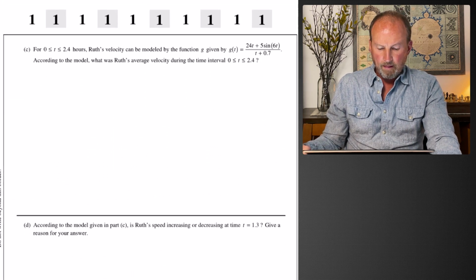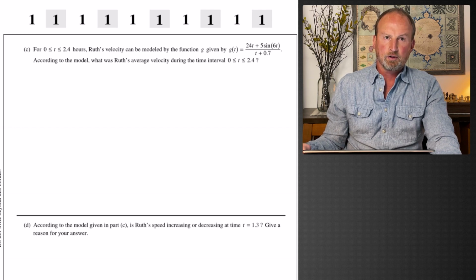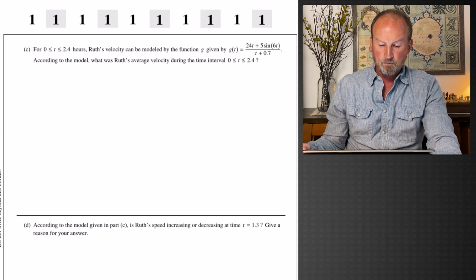Question C. Ruth's velocity can be given by that function g. According to the model, what was Ruth's average velocity during the time interval? Being able to translate verbal descriptions into mathematical calculus notation is super important. Average velocity.